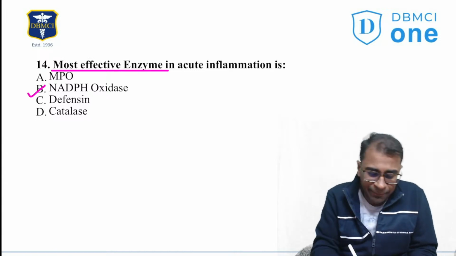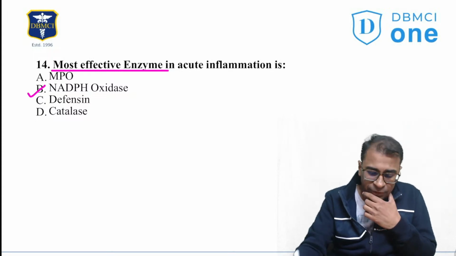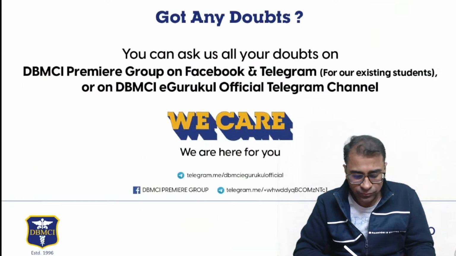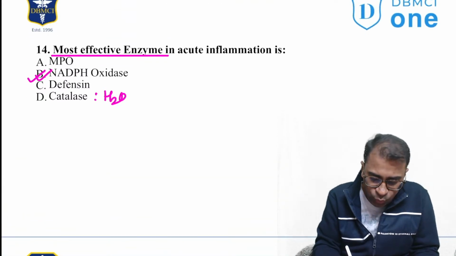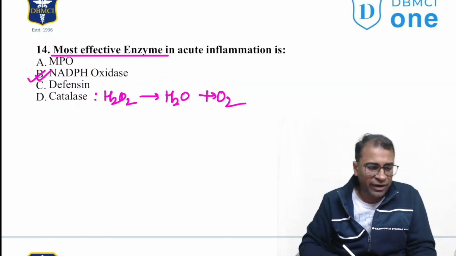MPO is the most efficient, but the most important is NADPH oxidase. Okay? What does catalase do? It converts H2O2 to H2O and O2. This is the function of catalase.